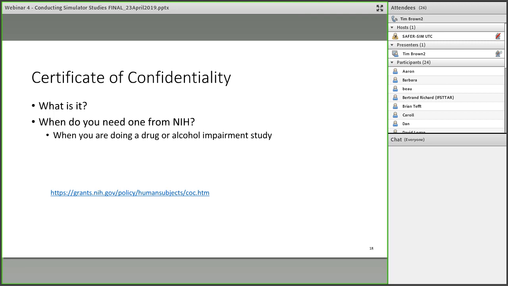The other special topic we want to talk briefly on, it's not going to affect most of you, is the certificate of confidentiality. For some research, extra protection of participants may be needed to protect their confidentiality, and I'll reference specifically our drug studies, where drivers have to self-identify as users of the drug in question.